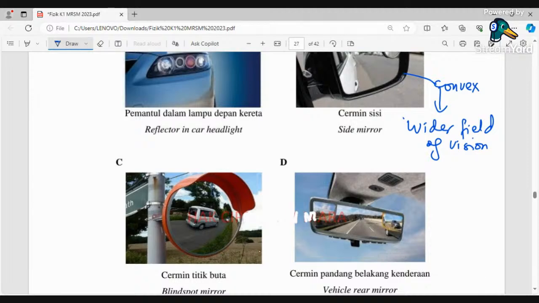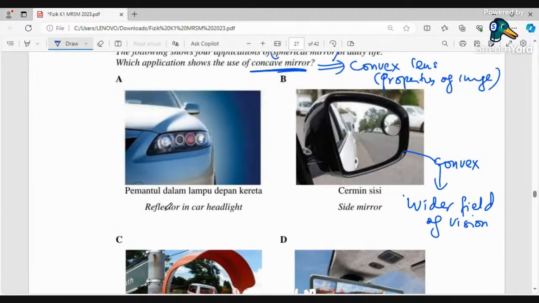Okay, ini pun convex juga. Ini convex. Concave kat mana? Concave kita guna kat sini reflector in car headlight. Okay, maksudnya kalau dia concave mirror macam ni. Okay, you letakkan bulb kat sini, kat dekat focal point.